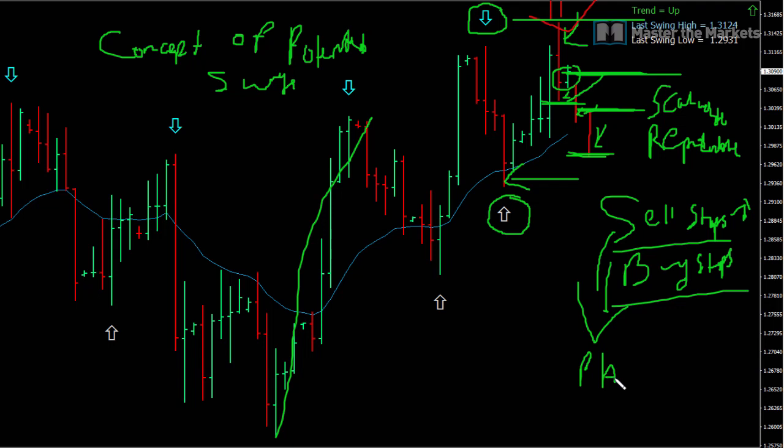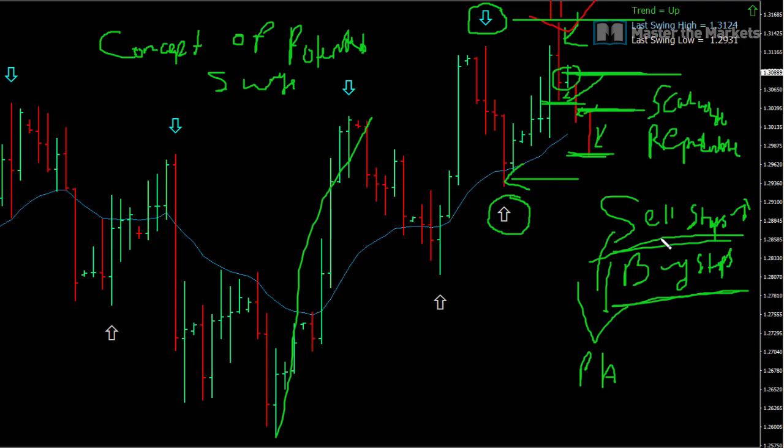But just for the swing to get confirmed, this is what must happen. The sell stops must increase more than the buy stops, and for an even larger swing, this must increase even further.